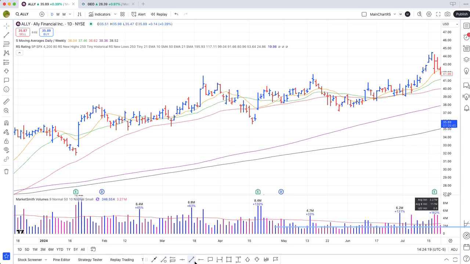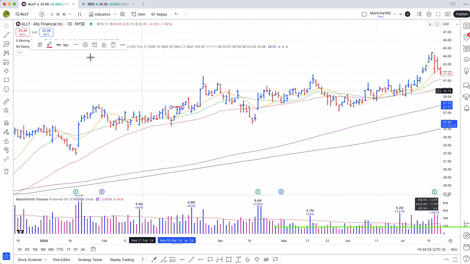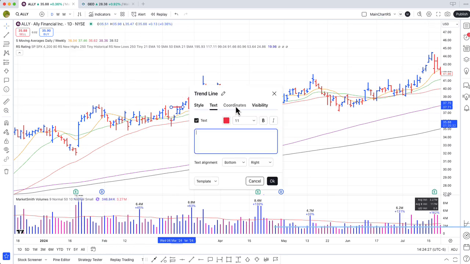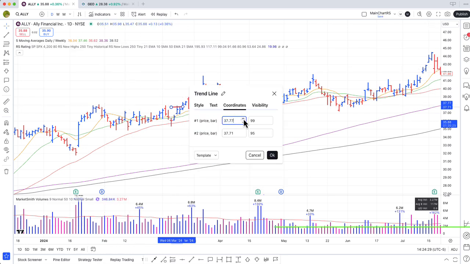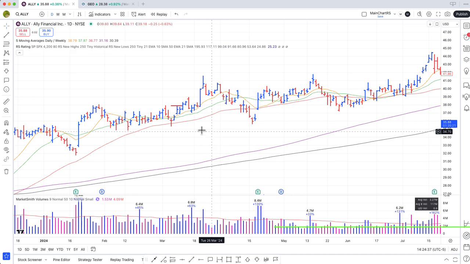If we were going to look at a line, I'll just draw it this way, that was at 37.90. I just bought it on this day, slightly over the high of the day before.